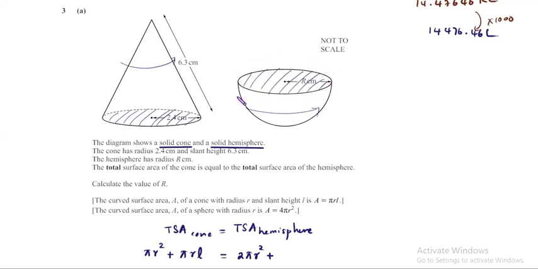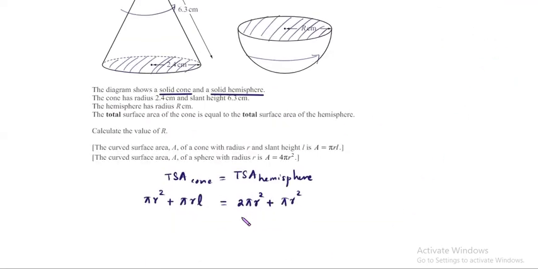That is the area of the top that we have, which is pi r squared. Which means now I can write this one as 3 pi r squared. In this case, the radius of the hemisphere is given as r. So I can write it as 3 pi r squared here, and that is equal to pi r squared plus pi rl.